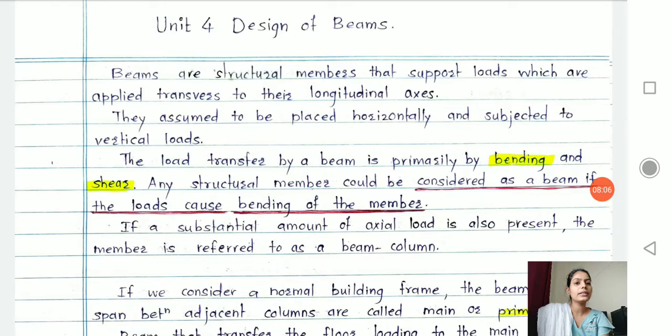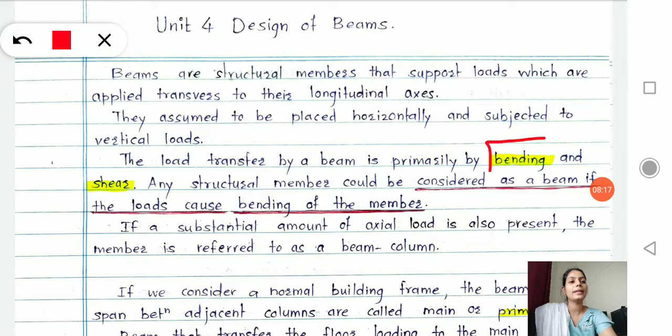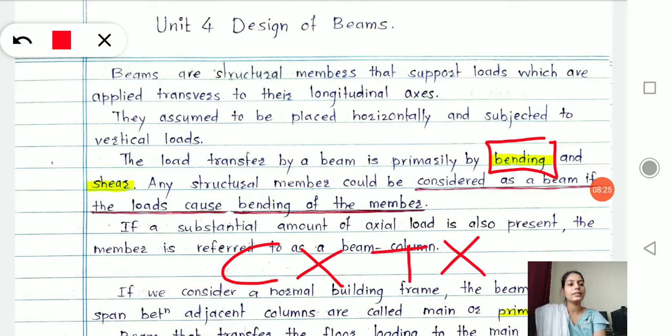Now in this kind of member, where I am discussing a beam or a horizontal member of your structure, the load is primarily transferred by what? Bending. So here we are not talking about compression or tension, but a new term arrives, which is called bending, and the beam primarily transfers the load by means of bending.